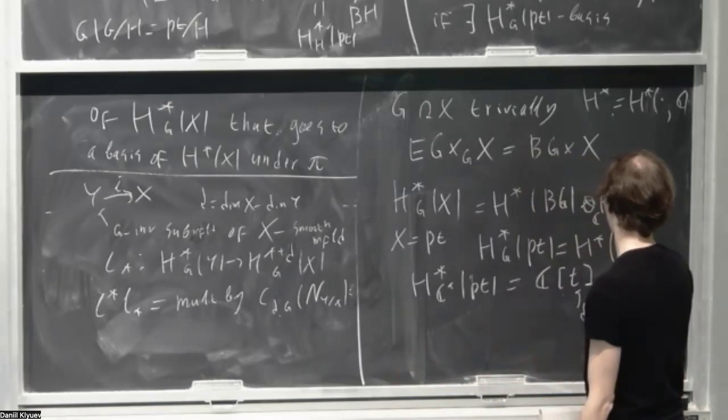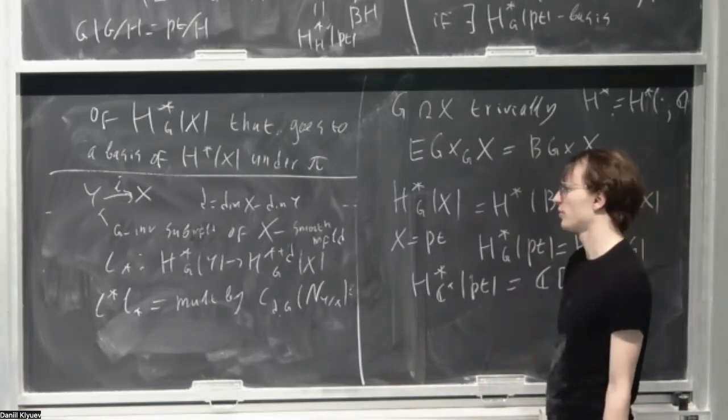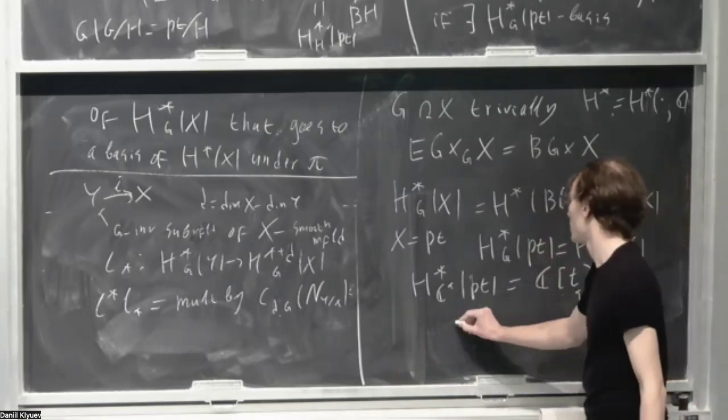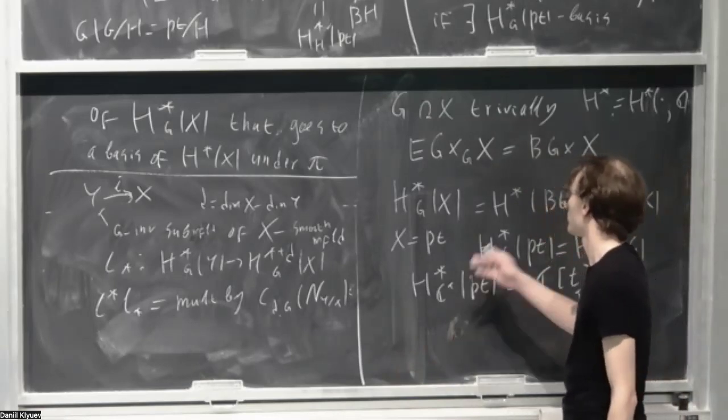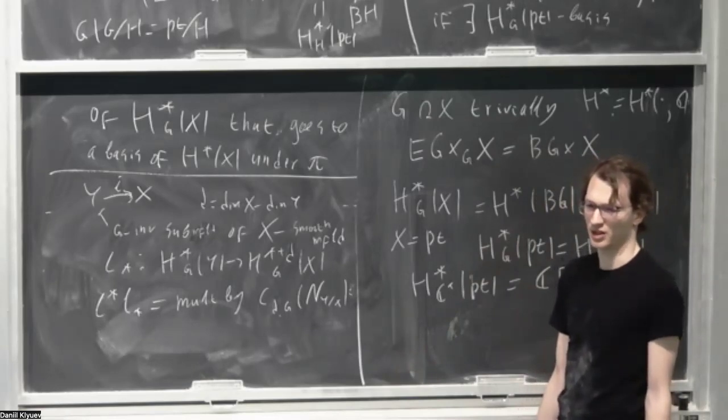Wait, wait. No, I don't think there are too many. So the bad example here was the group and cell, but I don't think there are too many equivariant bundles in this case.